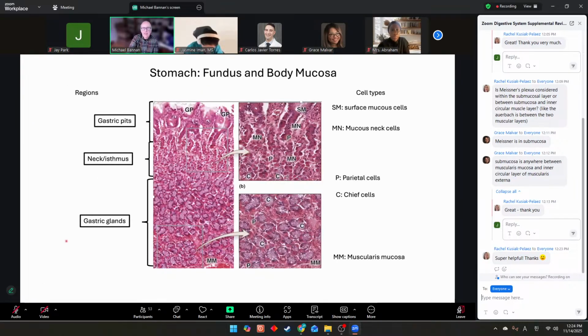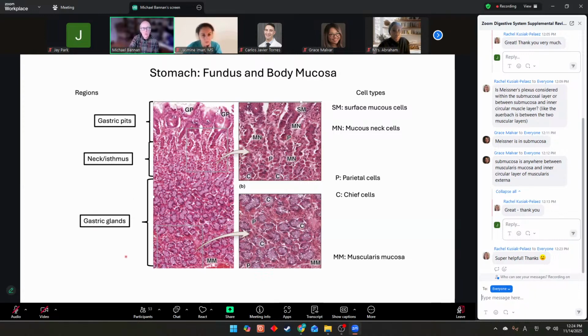Let's first look at what we call the oxyntic or acid-producing mucosa that covers the fundus and the body. So these are H&E stained sections of this mucosa. And the image on the left here is broken down into the different geographic regions of these gastric glands.